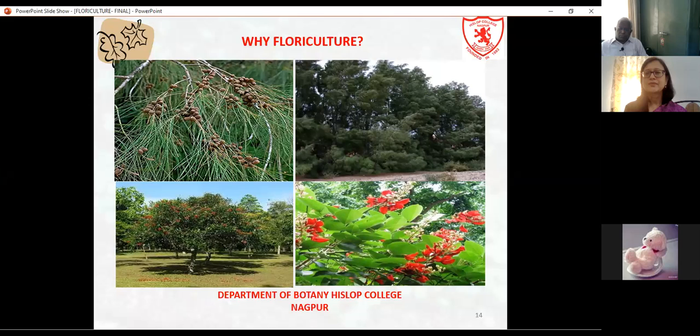No function is complete without the use of flowers. Finally, the most important point is floriculture plays a very, very important role in sustainable management of our very vulnerable environment. This you know, but many a times we overlook these small things.